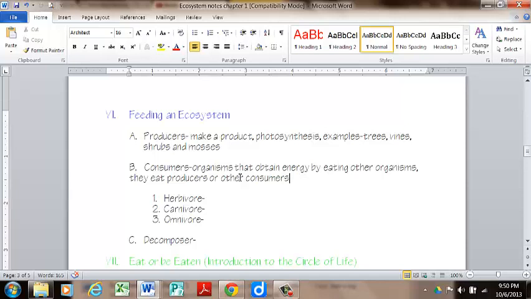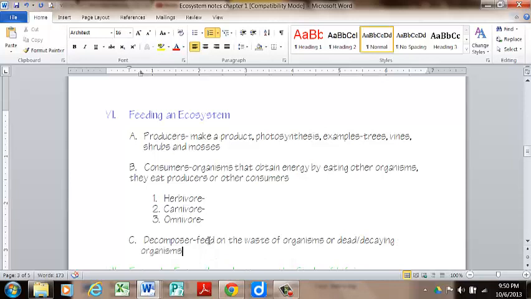So decomposers, let's go down here, feed on the waste of organisms, or it says, reading back from the text, dead, decaying organisms. I'd like to add in yuck. Okay, so decomposers either feed on waste of organisms or dead or decaying organisms.